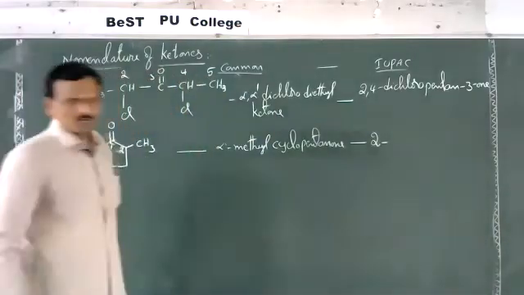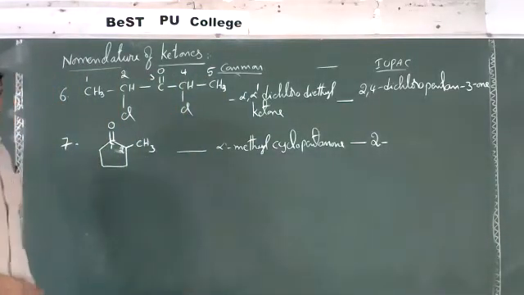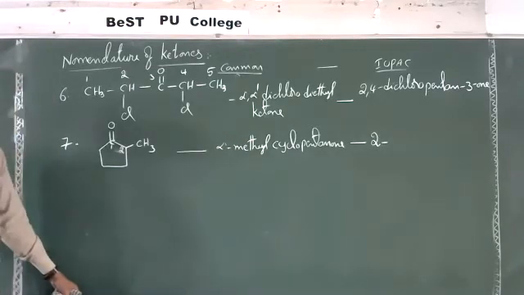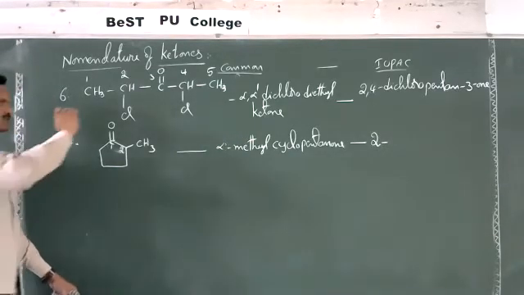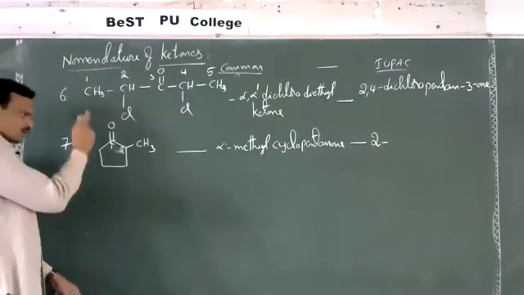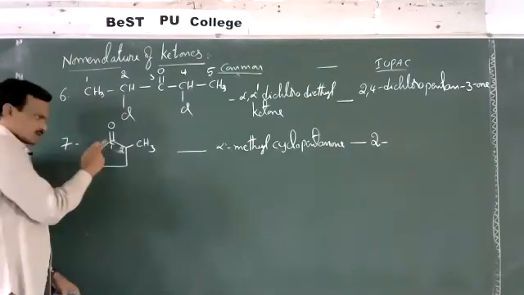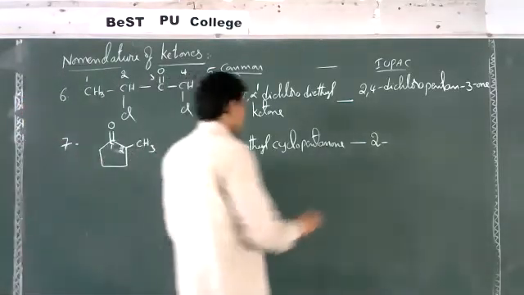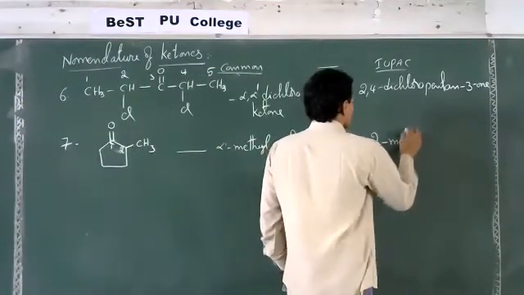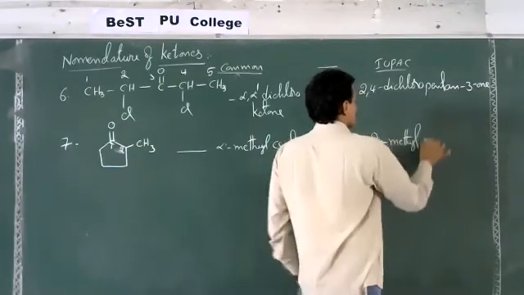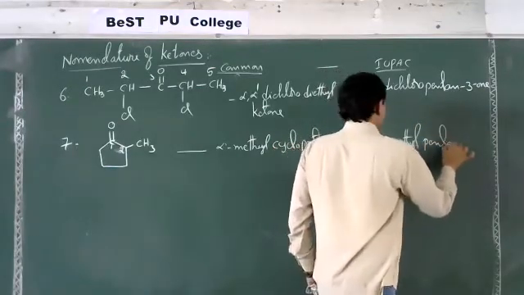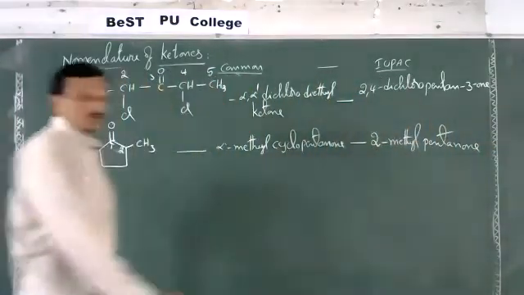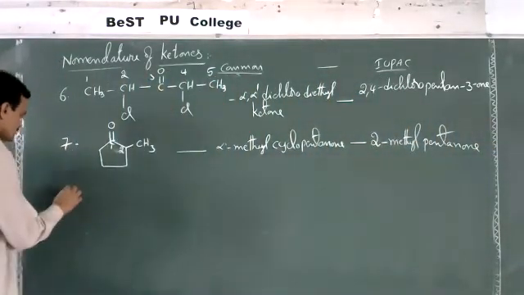But in case of aldehydes, as you have done yesterday, alpha position will come as a first numbered carbon, because CHO is present out of the ring. But here carbonyl carbon is present within the ring. So alpha position is nothing but a second numbered carbon. So this is 2-methylcyclopentanone. So 2-methylcyclopentanone is the answer here. Next.